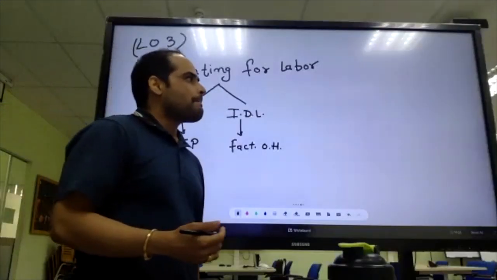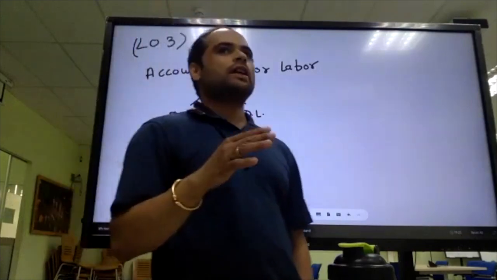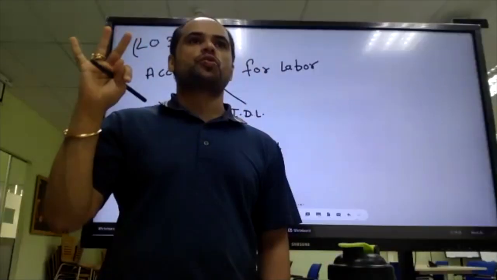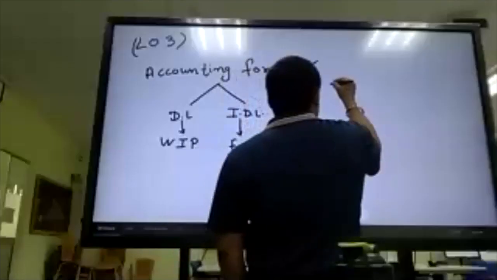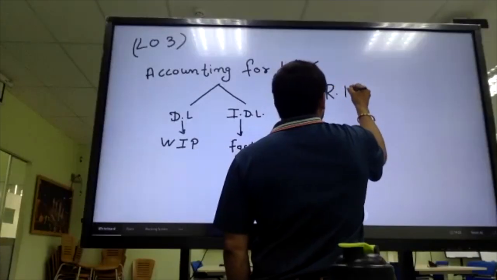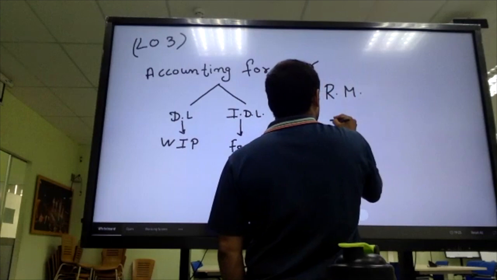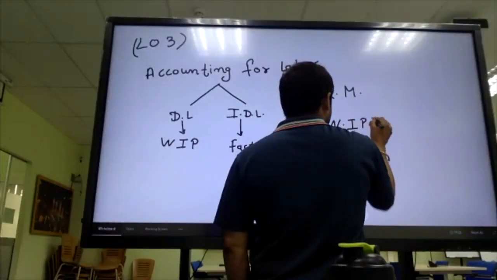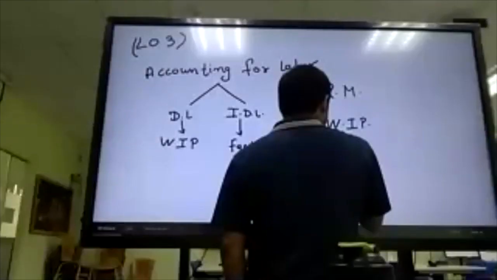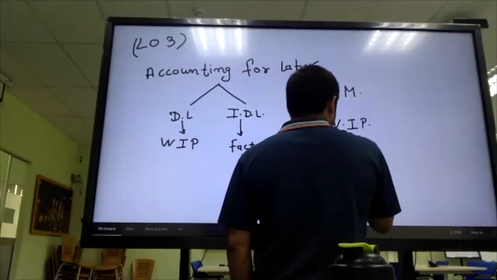Now, what is that? You know that manufacturing is mainly a combination of three things: raw material, working process, and finished goods.